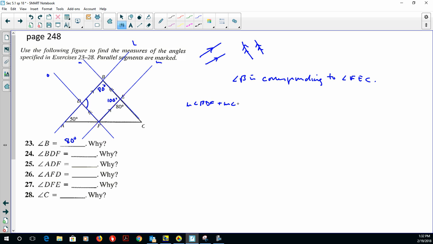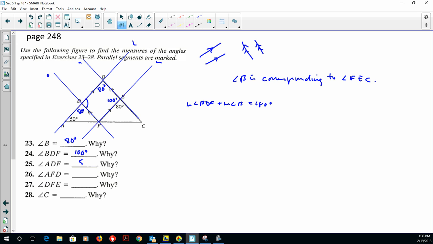Okay. And once you have that, this has to be 80, because ADF and BDF add up to 180, or else you can have ADF and B are corresponding angles. Okay.